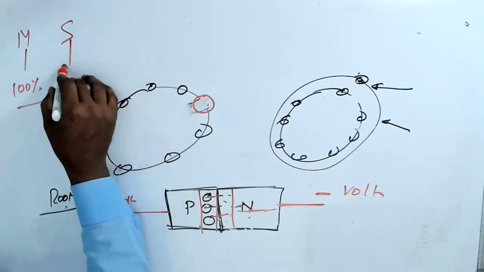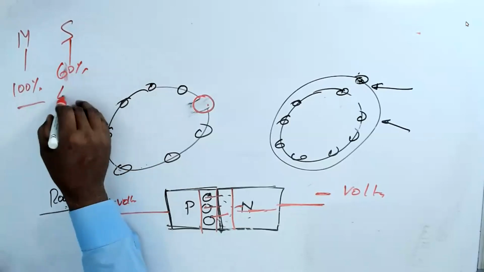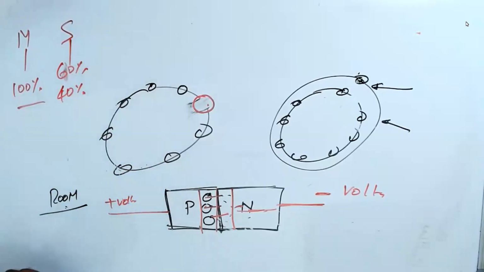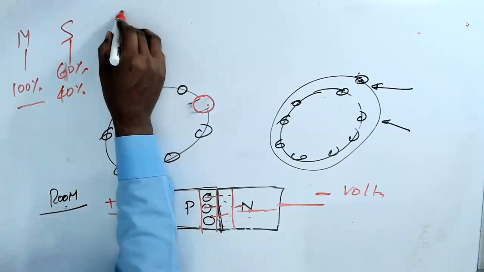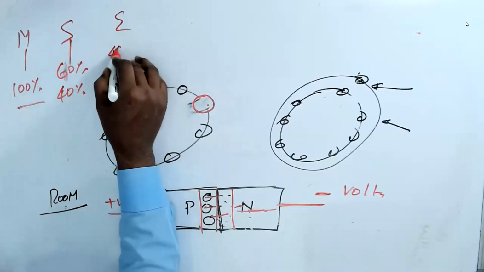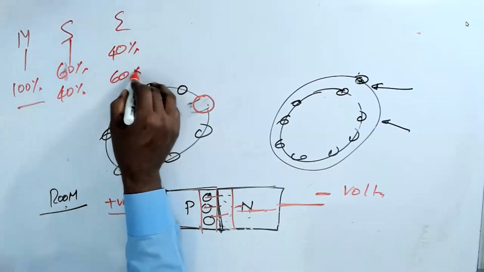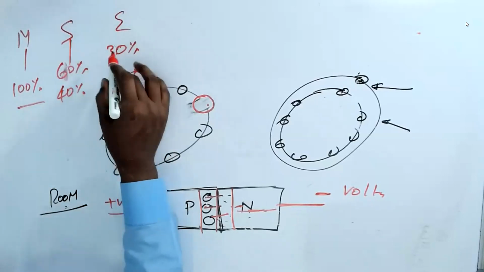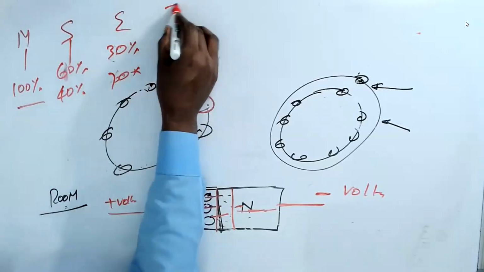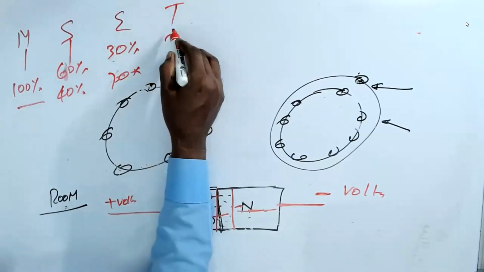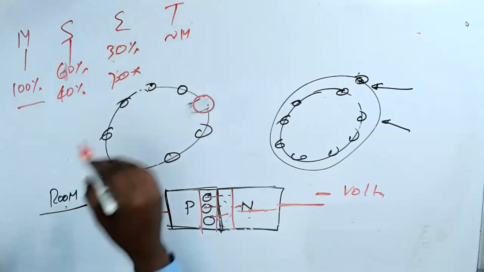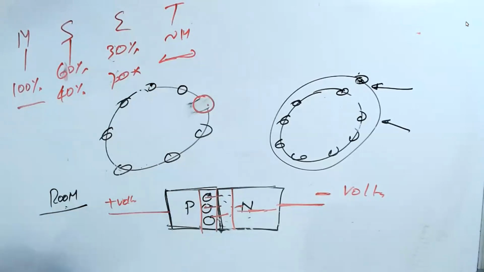Science is about 80% or 60% maths and 40% reality, physical things. Engineering is about 40% maths and 60% science, or 30% maths and 70%. Technology has almost negligible maths, and most of it is real, physical things.